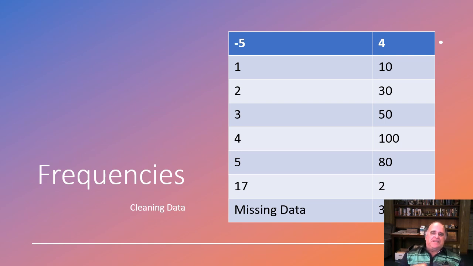So maybe somebody reverse coded incorrectly, and that's why they got -5s. How they got a 17? Well, maybe somebody just typed something in incorrectly. Or maybe somebody just fell on their keyboard because they got tired. Who knows? But we have bad data in here, and we need to clean it up.